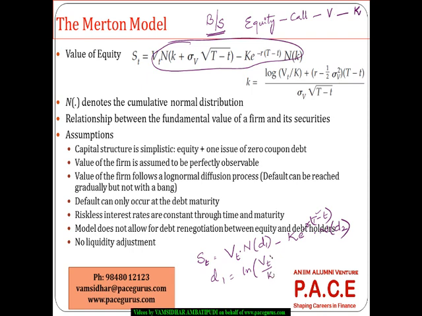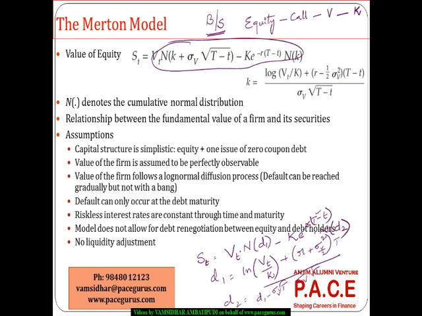I take it as K, plus r plus sigma, where sigma is the volatility of the firm, sigma squared by 2 times T, divided by sigma square root of T. And d2 becomes d1 minus sigma root T. Again, sigma is nothing but sigma V here.